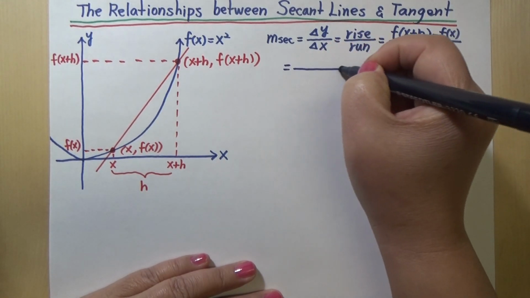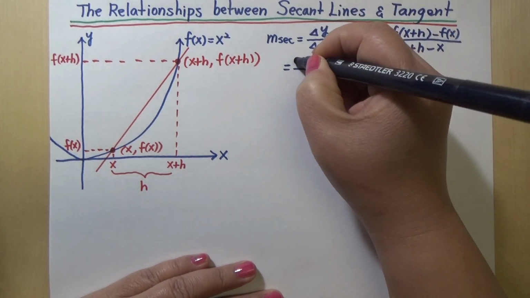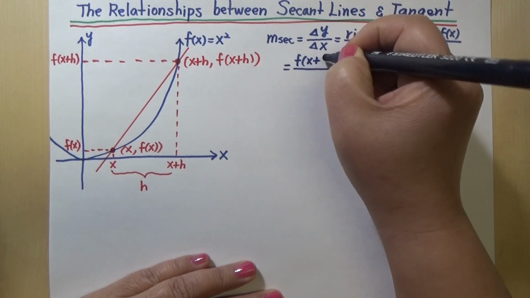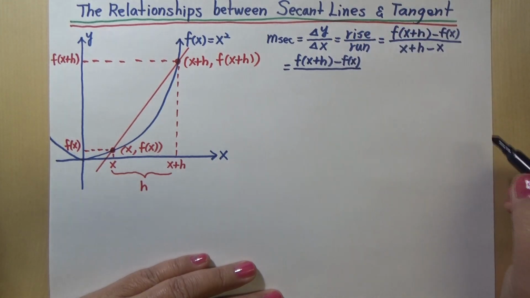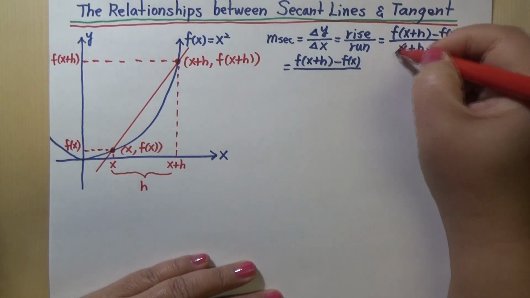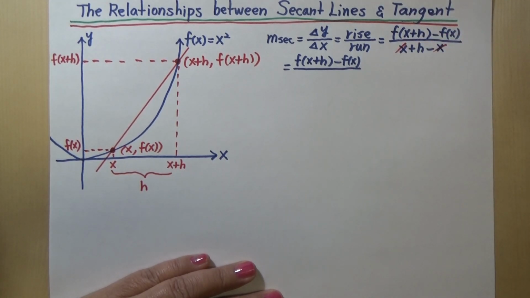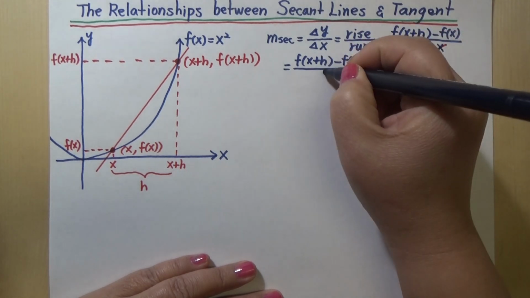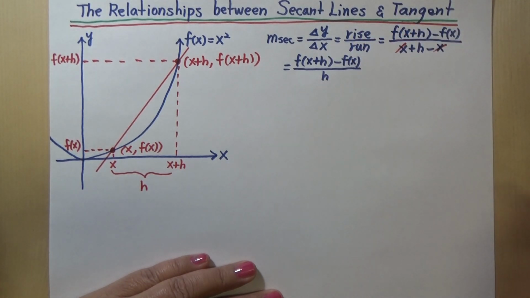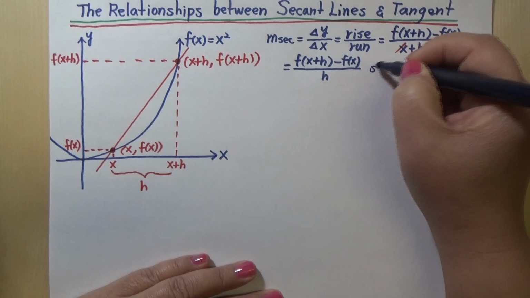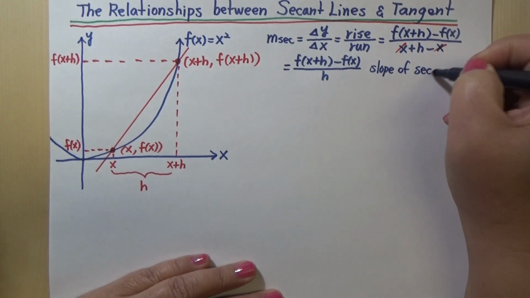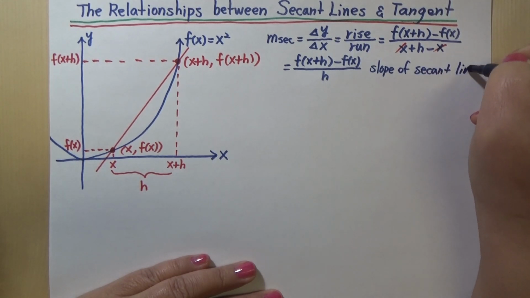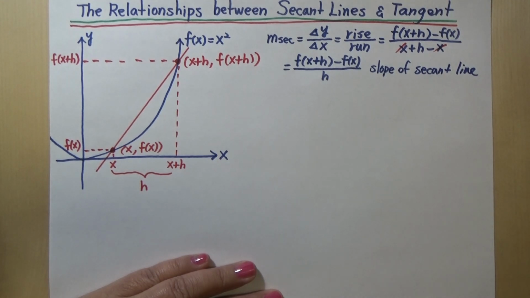It is equal to, numerator will be the same, f of x plus h minus f of x, all over, so we can cancel x, right? So denominator will be h. So this is the slope of secant line.